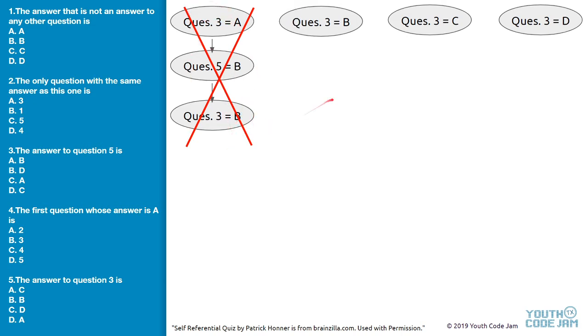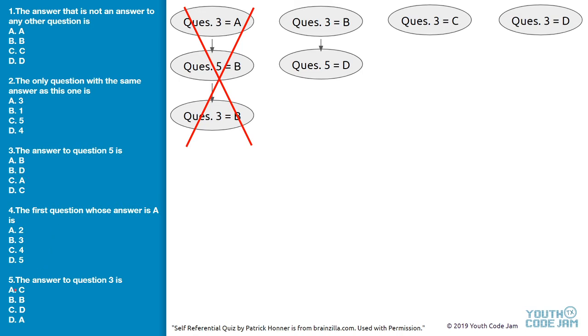So let's look at this guess, where question 3 is equal to B. Well, if question 3 is equal to B, then the answer to question 5 must be D. So we'll add that to our tree as our guess.